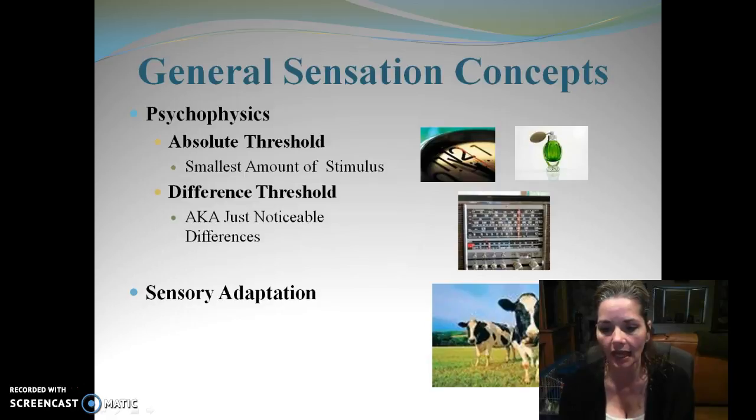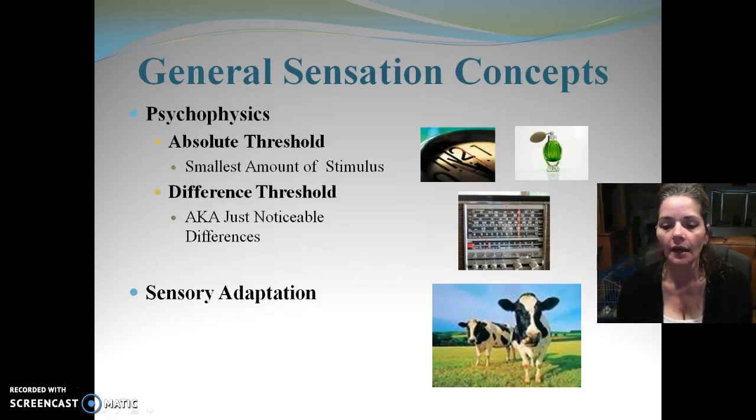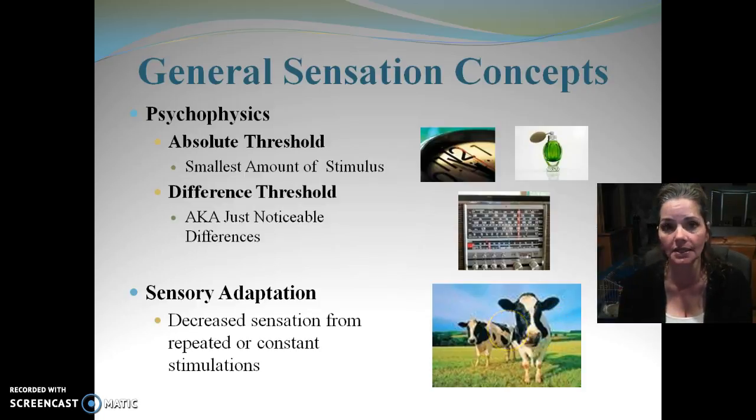Another thing is sensory adaptation. Sometimes if you go into someone's house, they might be immune to certain smells in their house, or a farmer who lives on a cow pasture might actually be immune to the smell of the cows, and that's what we call sensory adaptation.